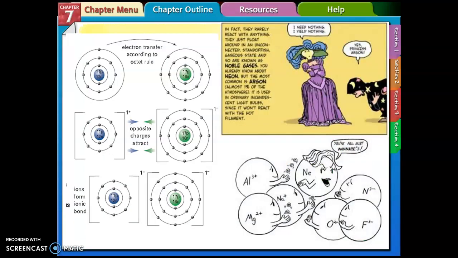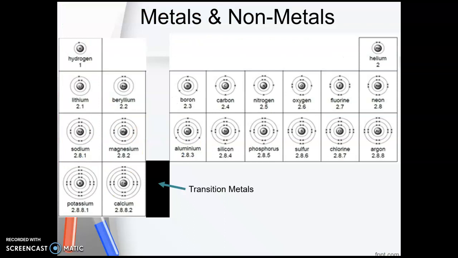Okay, so let's look at some forms of elements, which are the noble gases. The noble gases are different from all the rest of the elements in the periodic table, because if you look at the noble gases in the periodic table, you will find that all the noble gases have filled outermost shells.